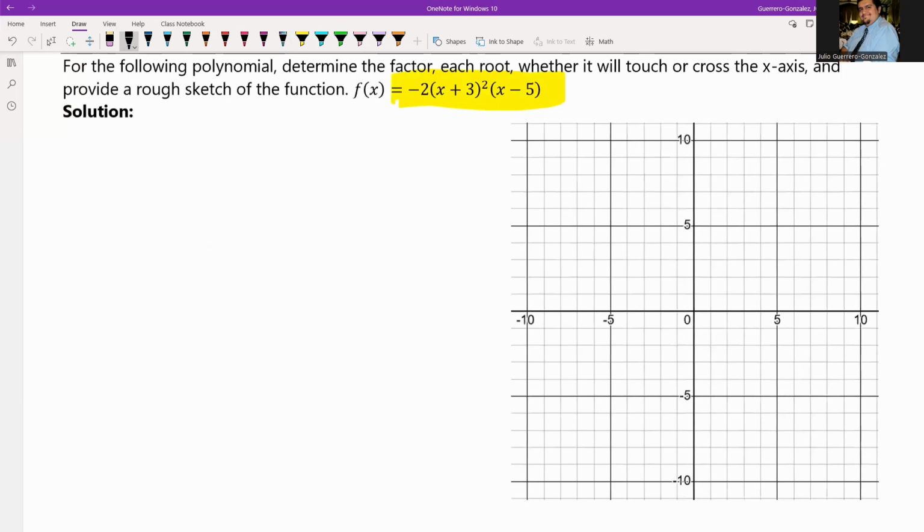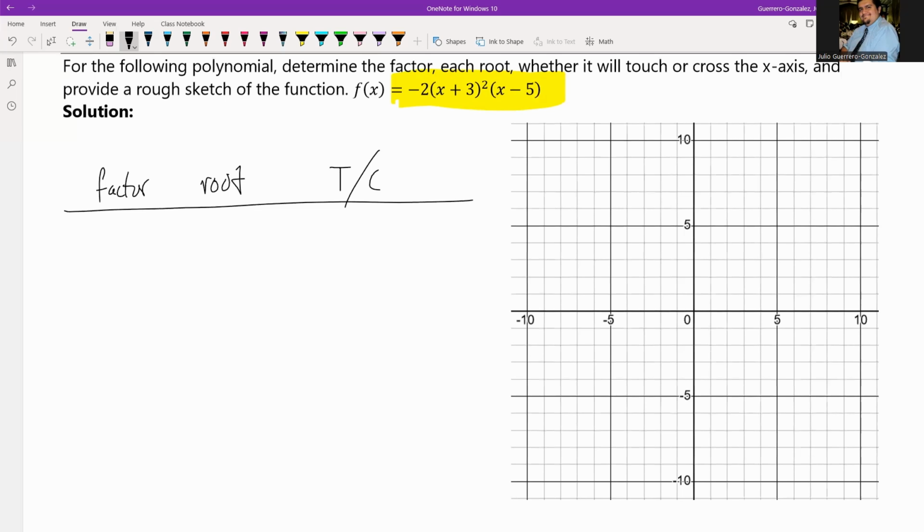Then we need to provide a rough sketch. So I'm going to make a table with factor, root, and touches or crosses.